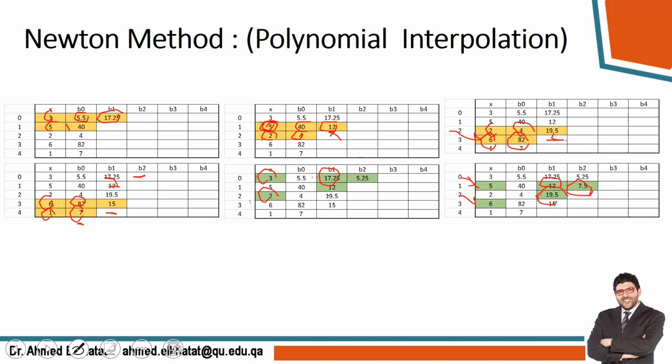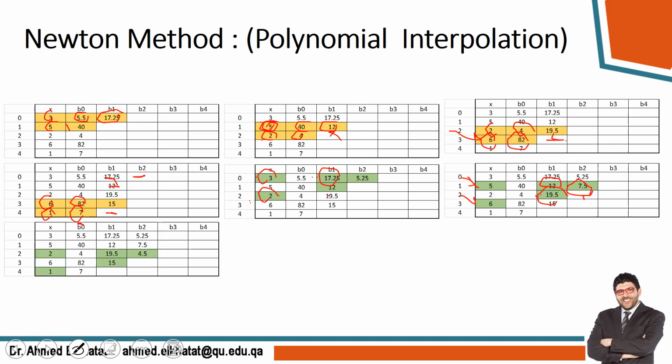Then find this value: it will be 15 minus 19.5 over 1 minus 2. Again, check 15 here: 1 minus 6, so the largest value is 1.